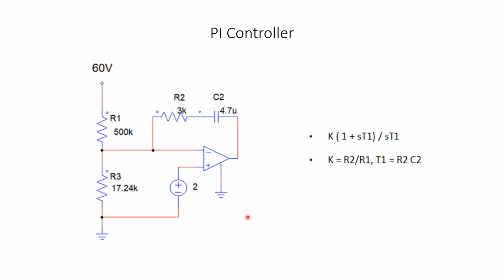An implementation of PI controller with operational amplifier has been shown here. One can readily obtain the transfer function, that is VO divided by VI here is given by K multiplied by 1 plus ST1 divided by ST1.